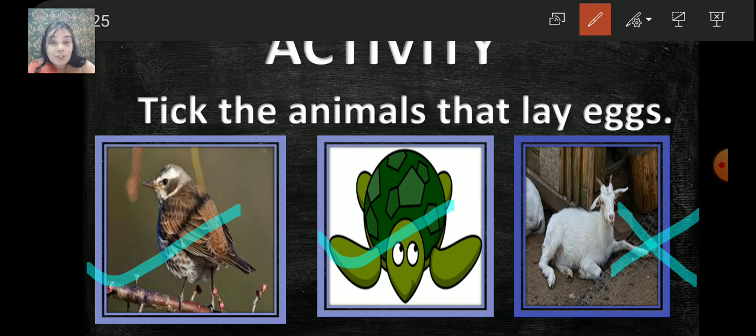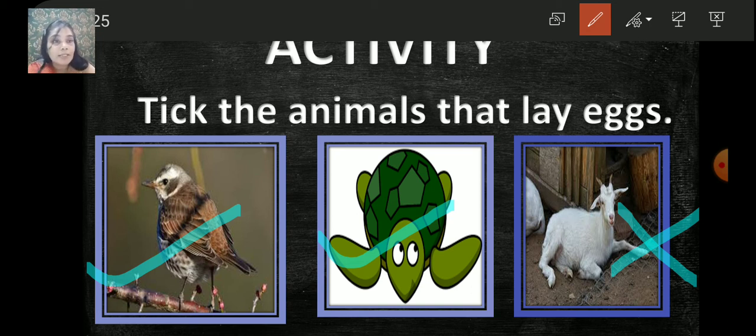So does the tortoise have ears? No, tortoise does not have ears. So what do they do? They lay eggs. So tortoise also lays eggs and the sparrow also lays eggs.